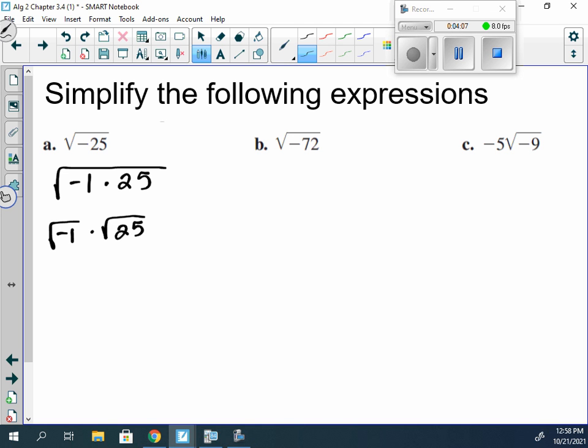We know the square root of 25 is 5. Now what did we just say the square root of negative 1 is? So the square root of negative 25 is 5i, because i, by definition, is the square root of negative 1.